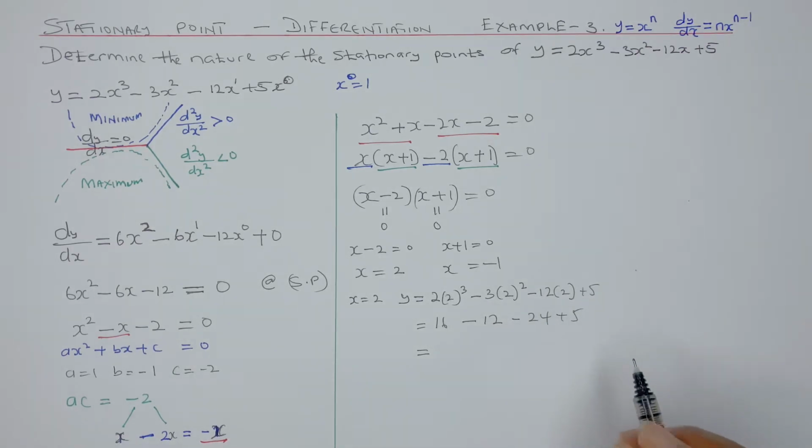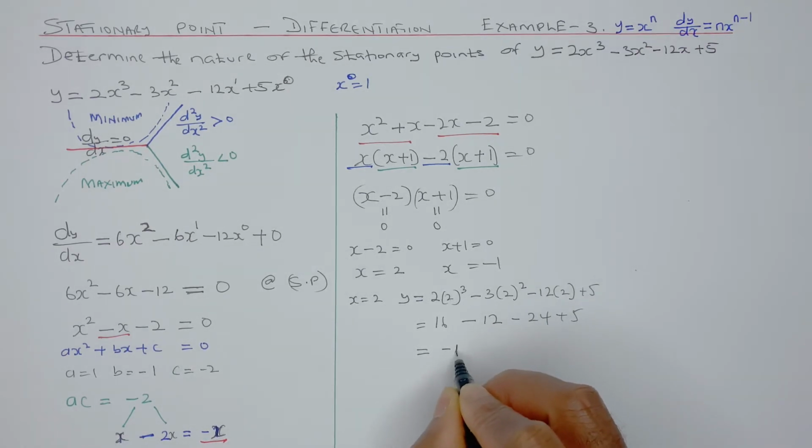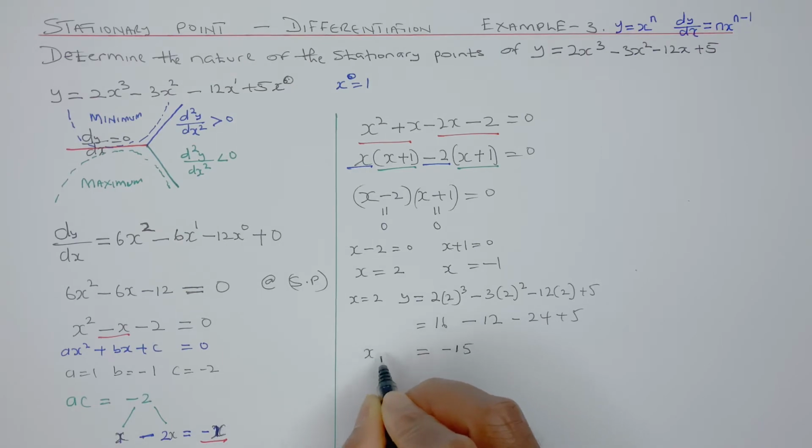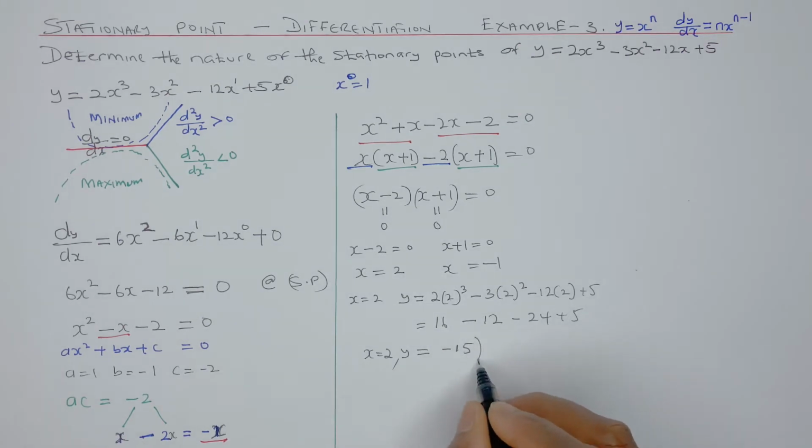That equals minus 15. When x equals 2, y equals minus 15. So that's one point there.